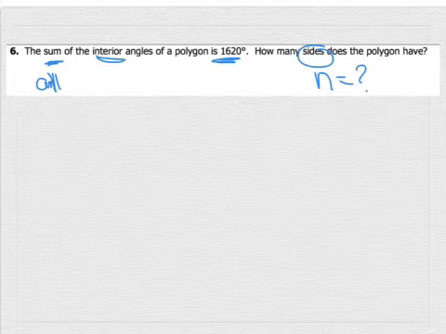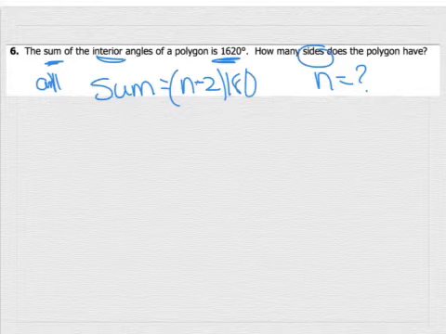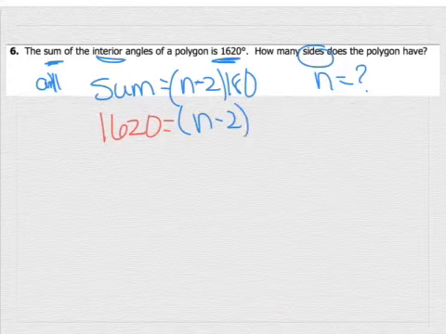So sum and interior, I'm going to write the sum is equal to n minus 2 times 180. Well, the sum is 1620 in this case because that was given. N, we don't know, so n minus 2 times 180.